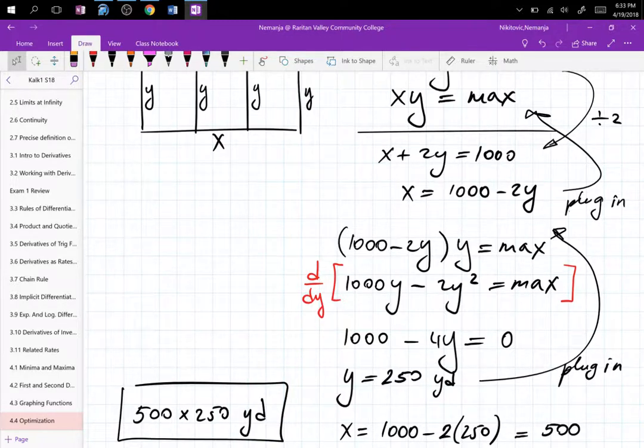Now, it doesn't matter that crazy configuration that you can get. Now you can get anything. As long as you're able to account for all of the black lines, which is the fence, you should be able to set up equations.